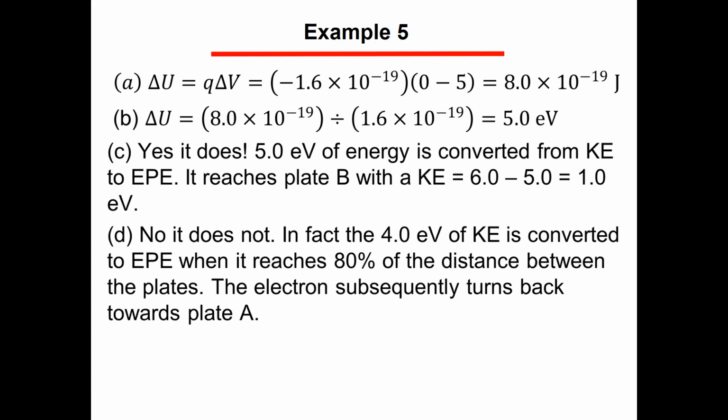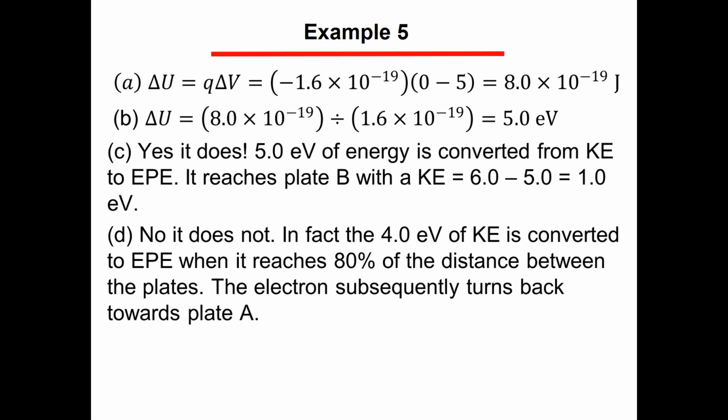So the potential energy goes higher as you go towards the right side of the plate. Express this answer in eV. You see that expressing it in joules is so difficult, whereas 5 eV, you see the beauty, it is exactly the potential difference of the plates.